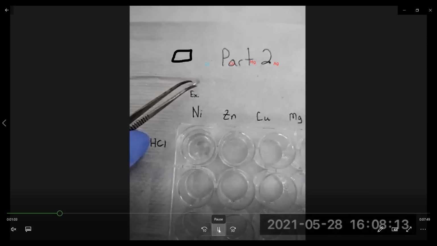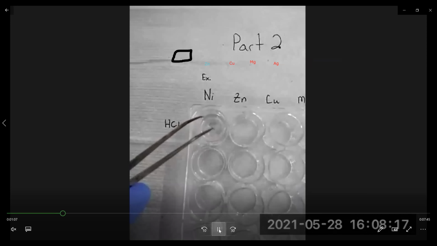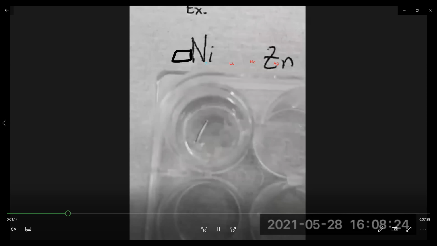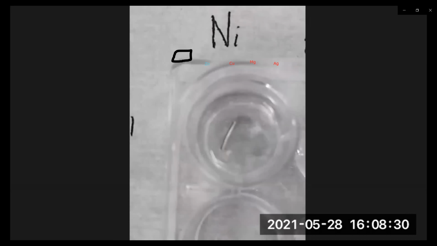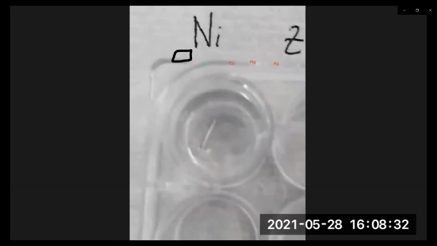So I pick up the piece and drop it into the HCl solution. And so what you're going to be looking for here is the formation of hydrogen gas, which will be little bubbles of gas forming around the nickel wire.